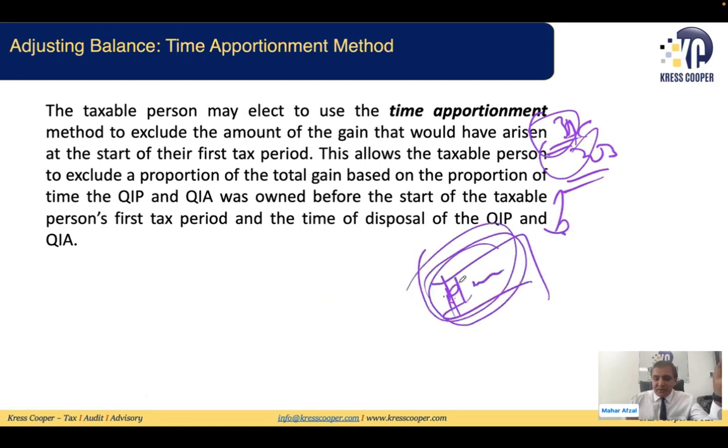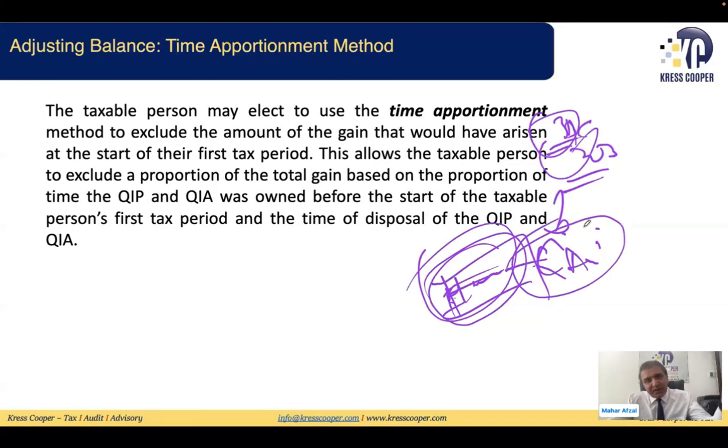And instead of plant and machinery, you can take a building, qualifying intangible property. We don't know the market value of the qualifying immovable property. In case we don't know the market value of the qualifying intangible asset, qualifying financial asset, qualifying financial liability, or any other qualifying asset by the end of the latest financial year, then the option is that we need to consider the time apportionment method.